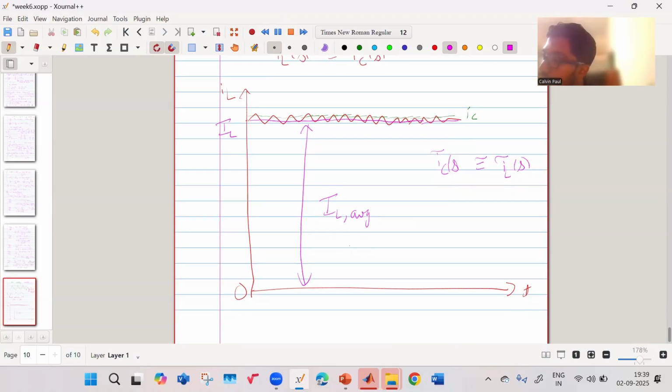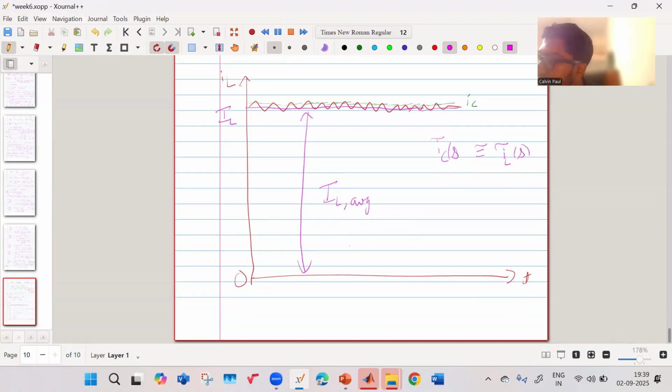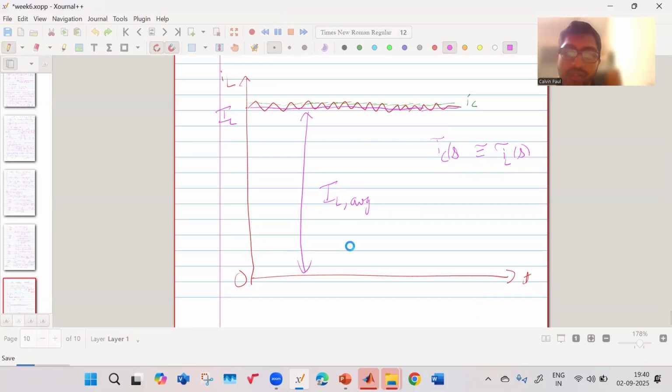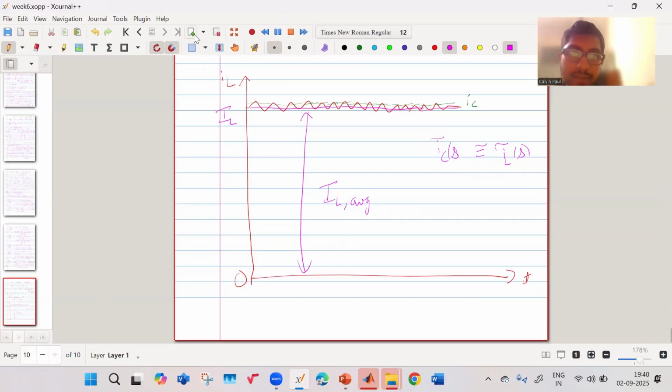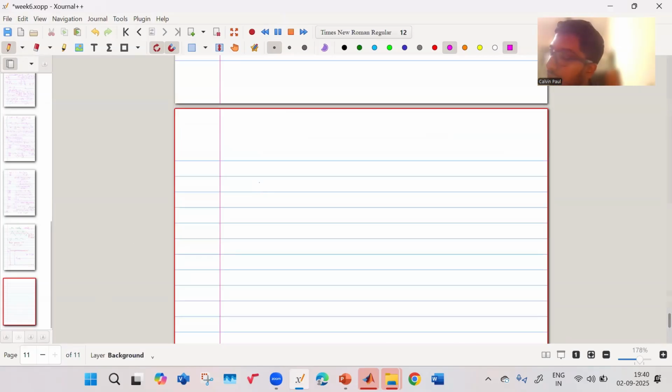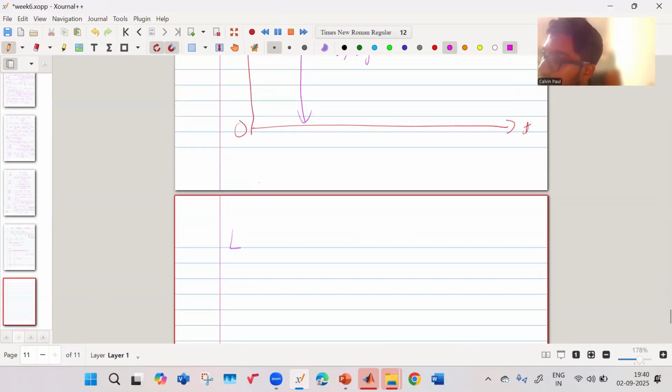So wherever IL perturb of S is there, we substitute that with IC perturb of S. We remember for the boost converter we have derived L dIL perturb by dt equals VN perturb minus IL perturb into RE, plus D perturb V output minus 1 minus D into V output perturb.